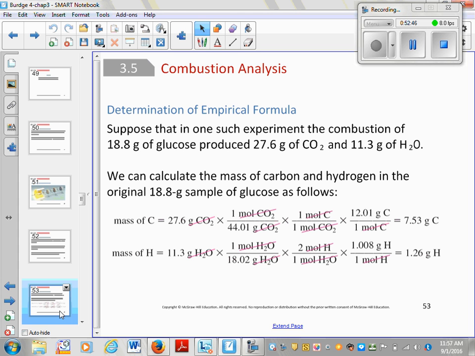If I shoot this into a mass spectrometer, I can find out that the molecular weight of glucose is 180, or the molar mass is 180. So now I want to figure out the molecular formula.